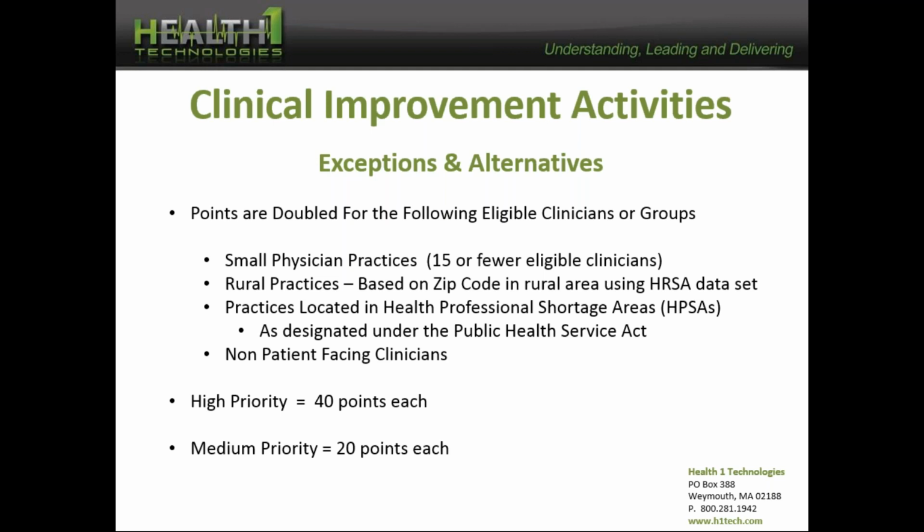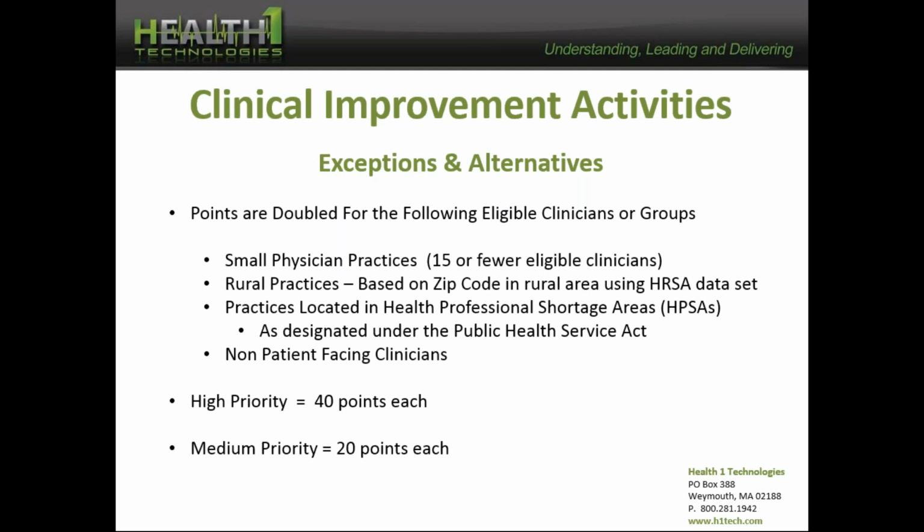Health professional shortage areas, and that's a certain act that's out there. There's, again, a website where you would know if you fell into the health professional shortage area. And then non-patient facing clinicians. I think we covered that previously: people like radiologists and pathologists, and the folks that just aren't necessarily in front of the patient a lot will have the same doubling of the points.